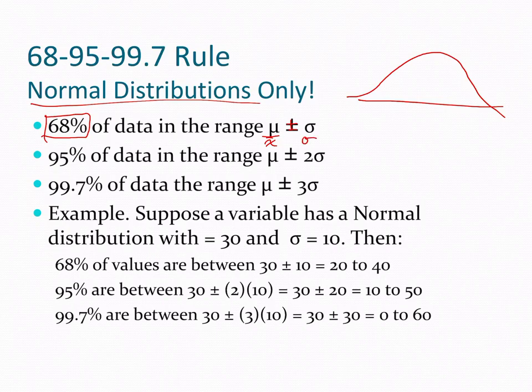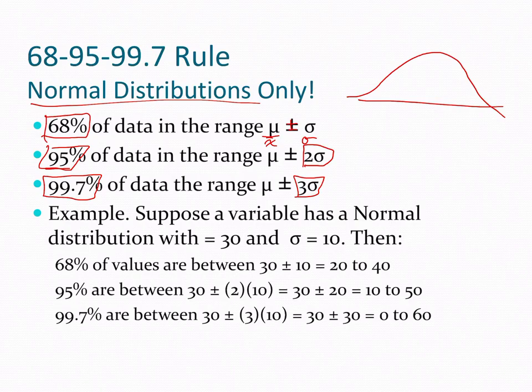So if you have a standard deviation and you know the x bar or mu value, when you add and subtract those, we can say that 68% of the data is incorporated in that range. When you go out two standard deviations from the mean, you incorporate 95% of the data. And when you go out 3 standard deviations from the mean, you incorporate 99.7% of the data.